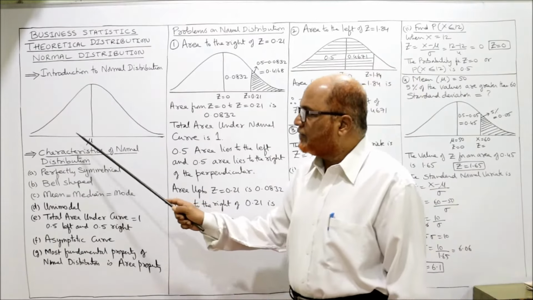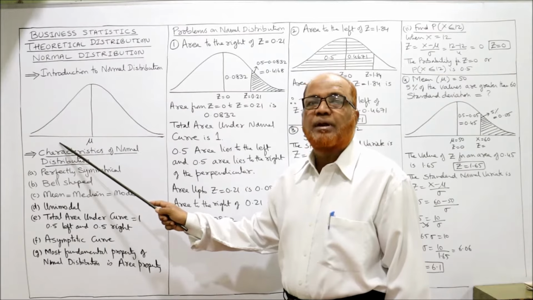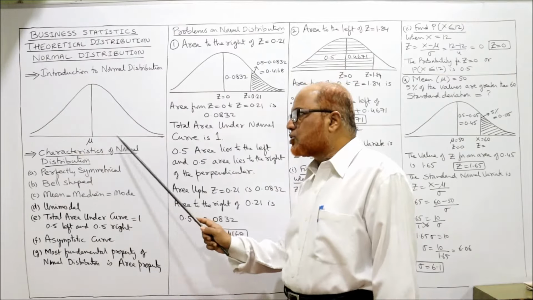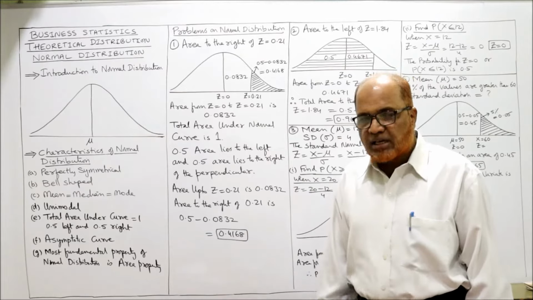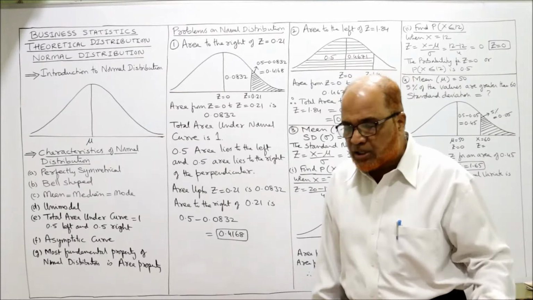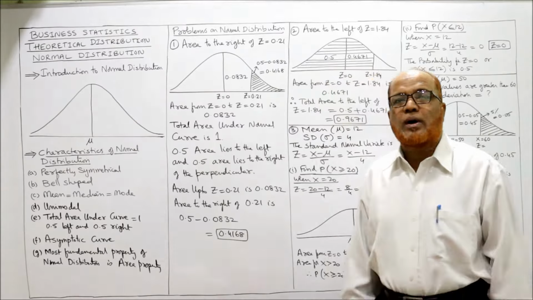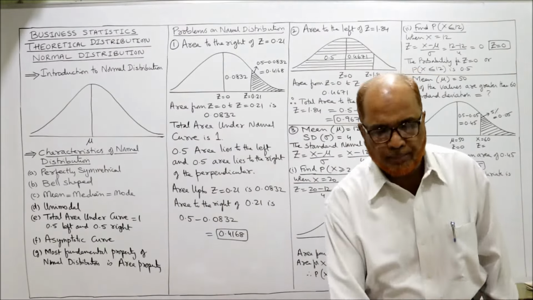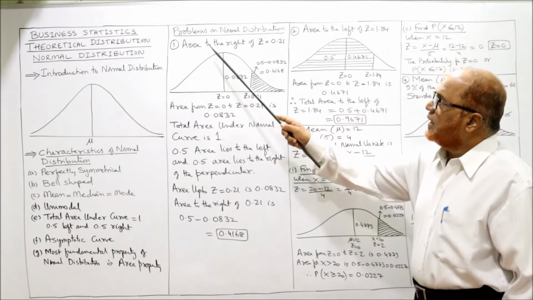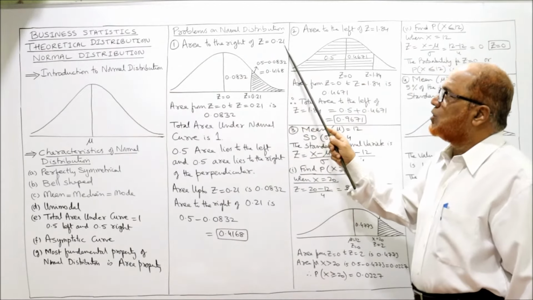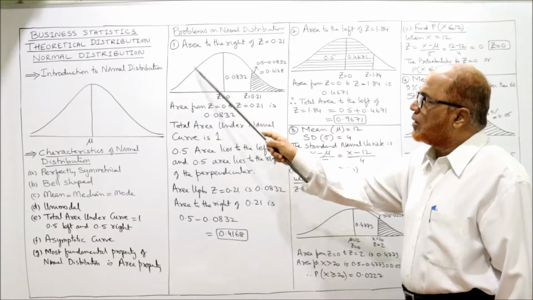If you go to the left of this mu, the z value will be negative. If you go right of this mu, the z value will be positive. Here it is asking what is the area to the right of z equal to 0.21. The value 0.21 is positive. So now see, area to the right of z equal to 0.21. This is the normal curve.